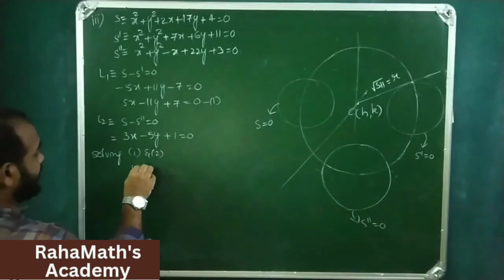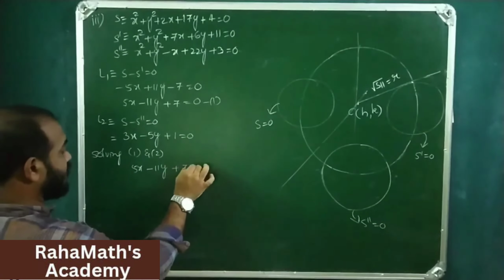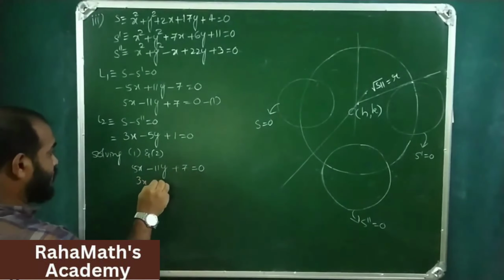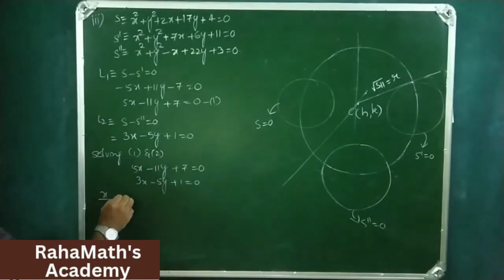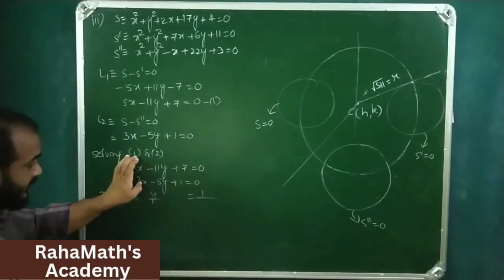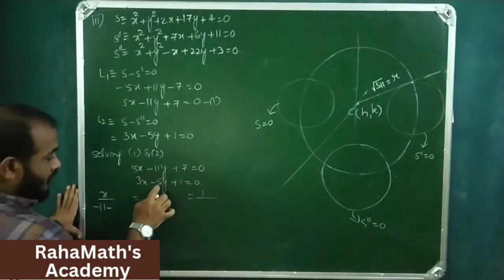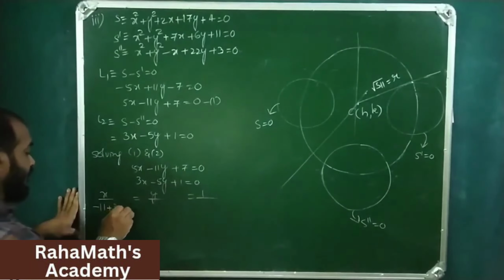So 5x minus 11y plus 7 equals 0, and 3x minus 5y plus 1 equals 0. x by, y by, 1 by, cross multiplication method. x: minus 11 ones are minus 11, minus 5 sevens are 35, minus of minus, plus 35.